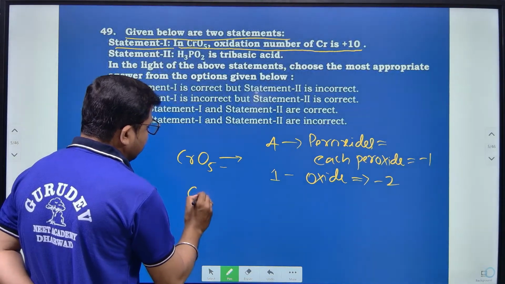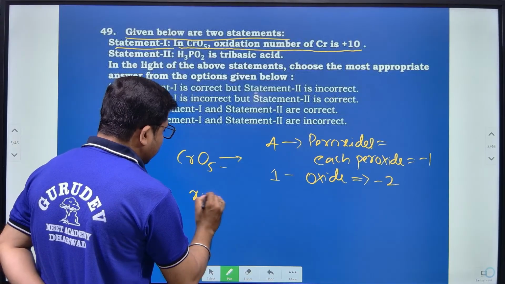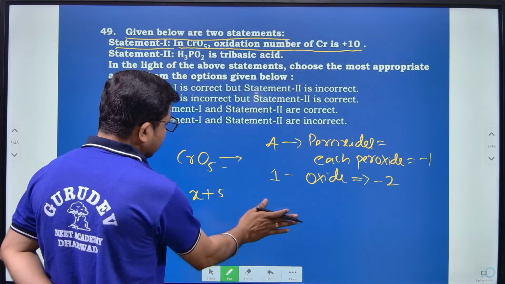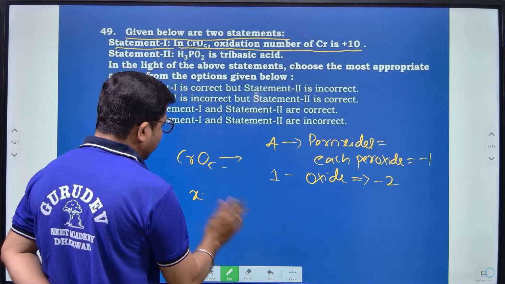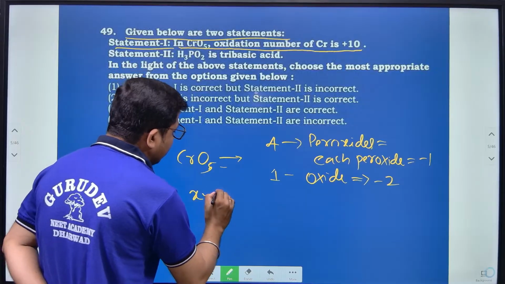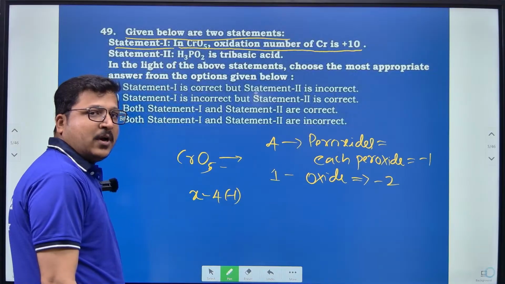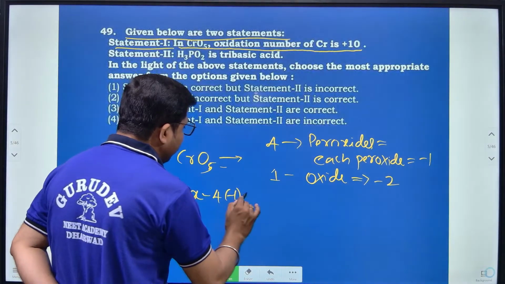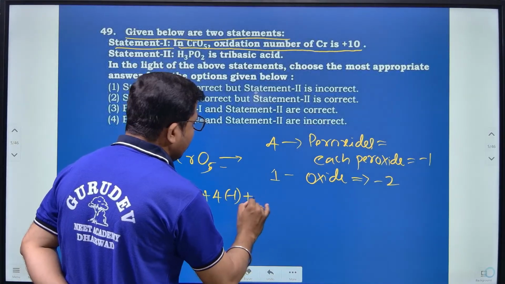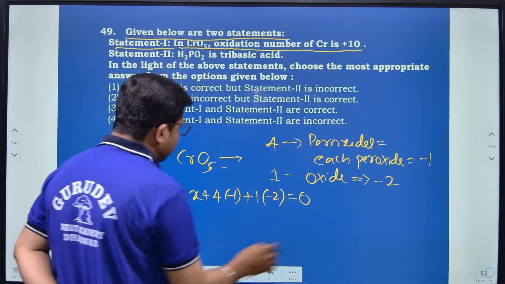So Cr I have taken X, plus 5 oxygens, out of which 4 oxygens are in peroxide state, so 4 into -1, and plus 1 oxygen is in oxide state, is equal to 0.